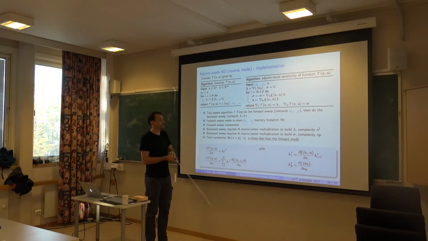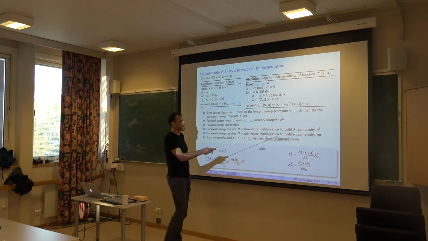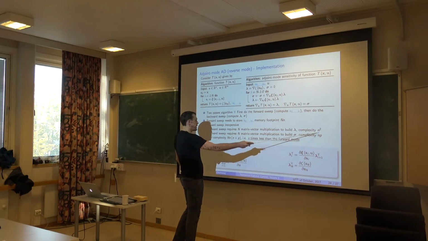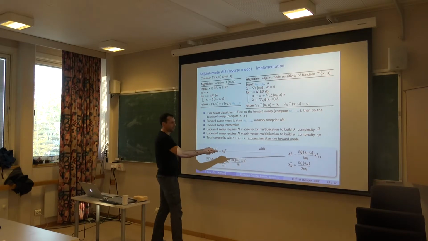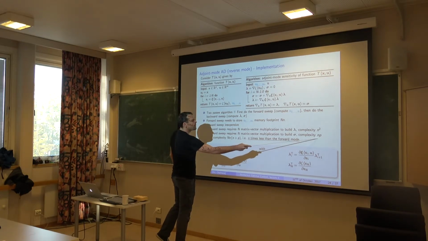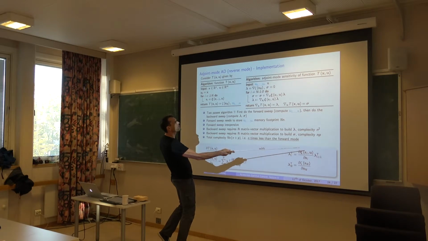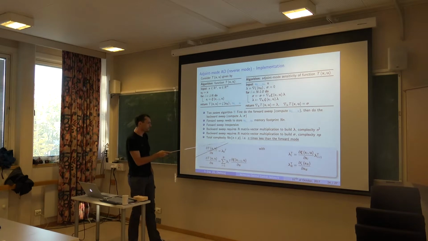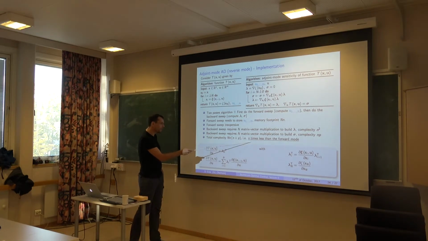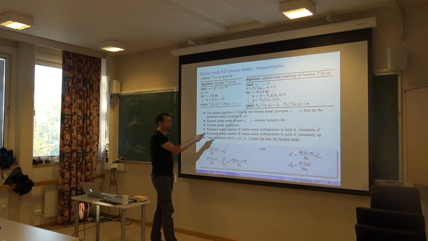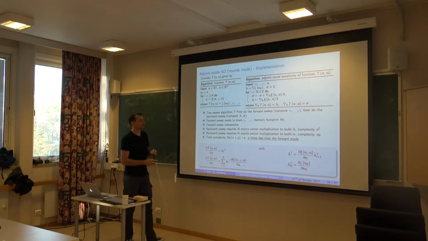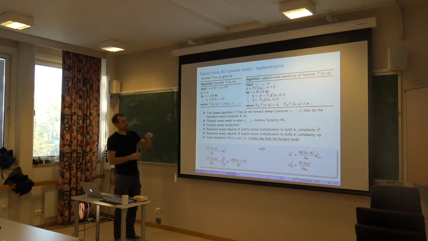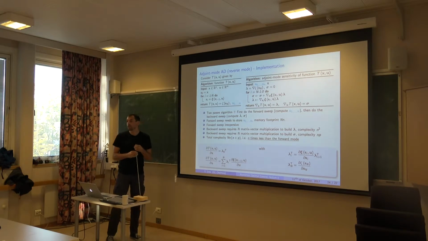That's less expensive than matrix-matrix, with complexity n squared for each step here, and p was the number of parameters somewhere. I don't remember what my p is. But okay, bottom line, the total complexity of doing this is n times less expensive than the forward mode. So instead of having n cubed in the complexity, you have n squared, which can be much better if you have large systems.